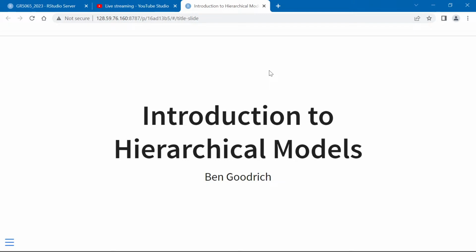Today and next week, we're going to be talking about hierarchical models. This week we'll do some more of the introductory stuff, building on what was talked about in the Bayes Rules reading.